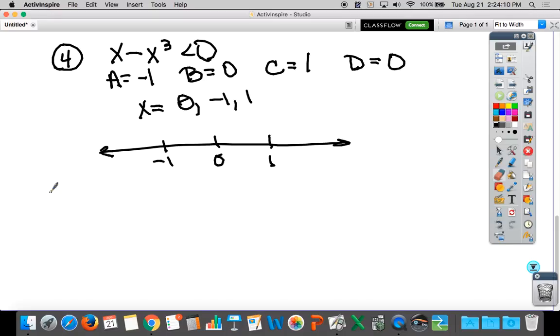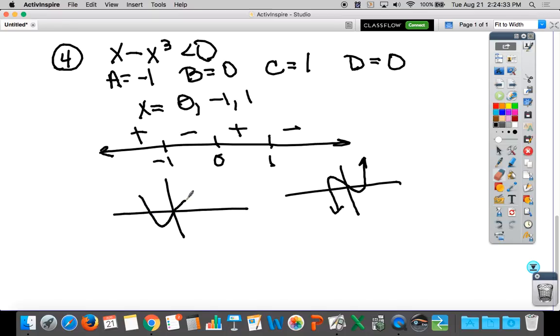Now let me show you how I know that that is true. This is a cubic. A cubic that is positive does something like this. Where this section would be negative, positive, negative, positive. This one has a downward slope. So this section is positive, negative, positive, negative.